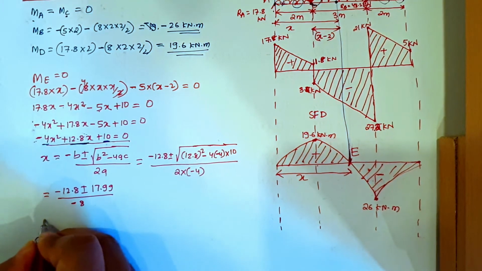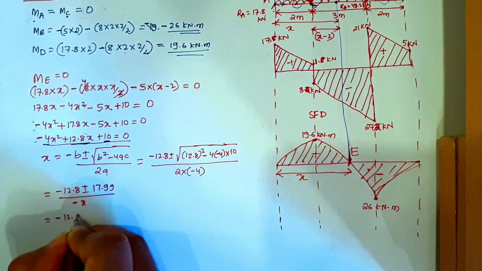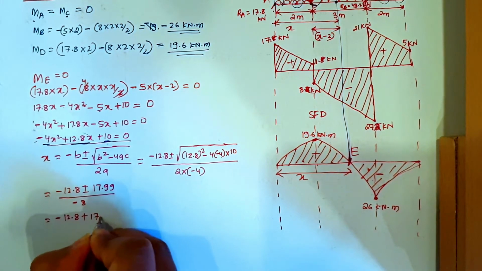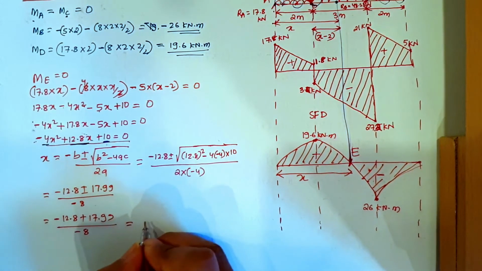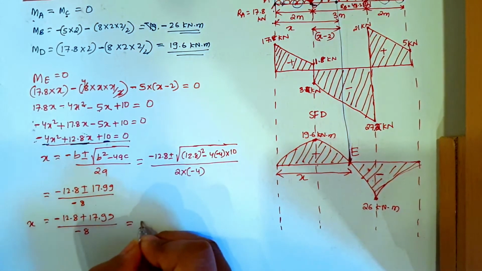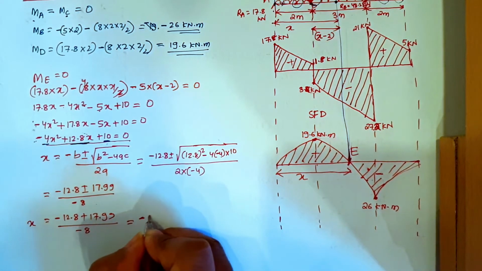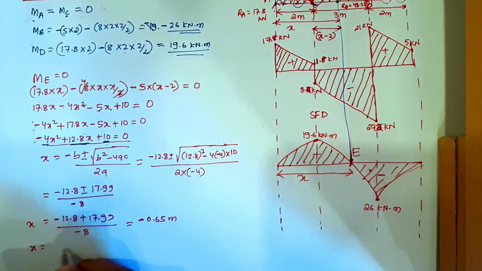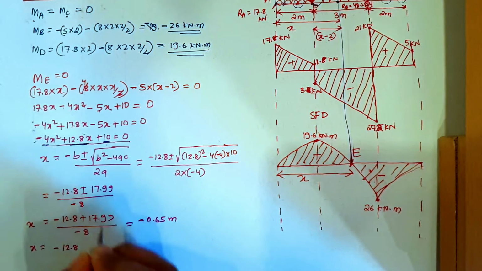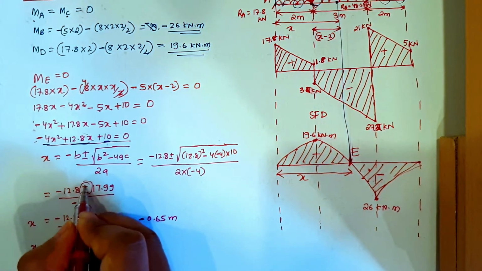Now if you take this as minus 12.8 plus 17.99 divided by minus 8, you will get x is equal to minus 0.65 meter. And if you take x equals to minus 12.8, अब यहाँ पर दो साइन है, एक प्लस है एक माइनस है.